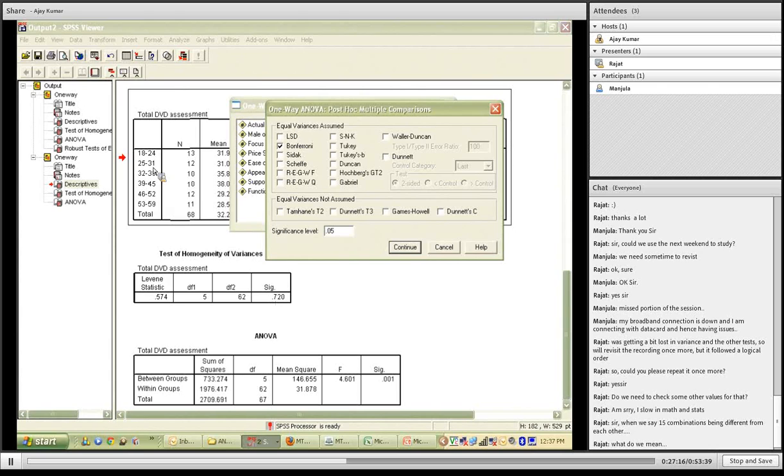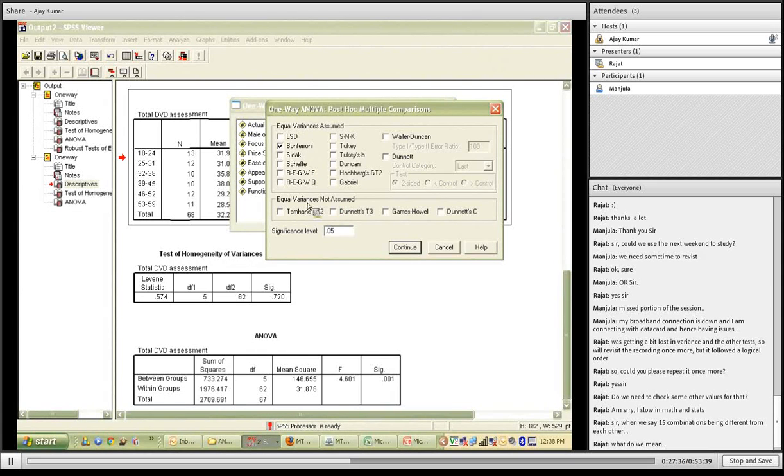And hence while applying post hoc tests I cannot go for Bonferroni or Scheffe, because these tests assume variances to be equal. In that case I would have gone for the equal variances not assumed tests.